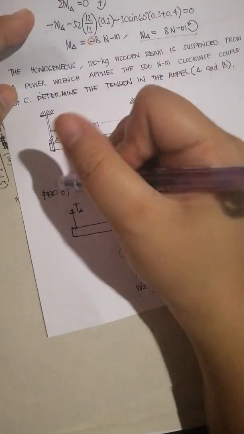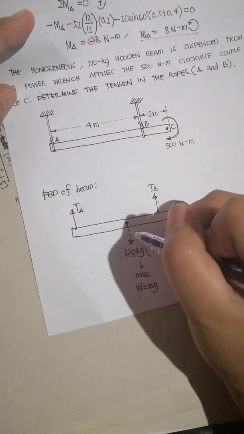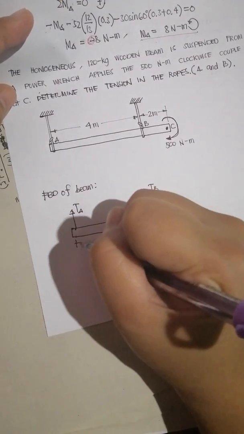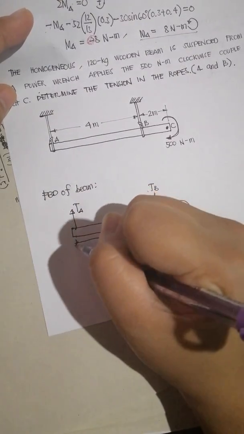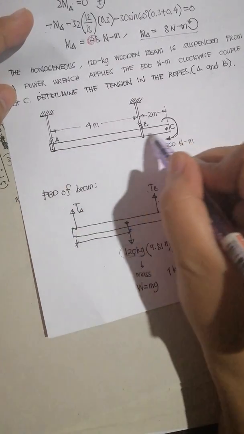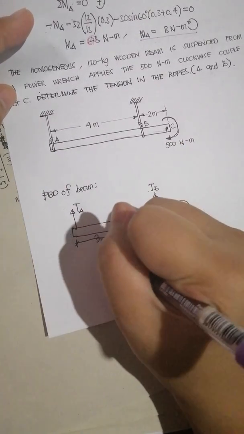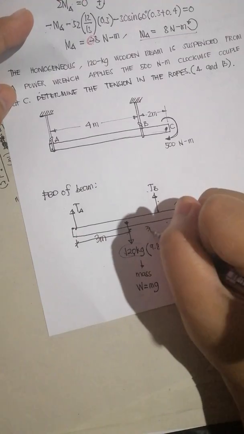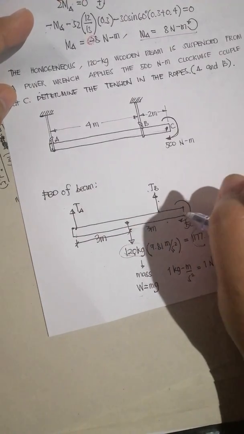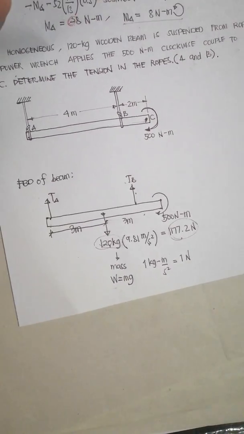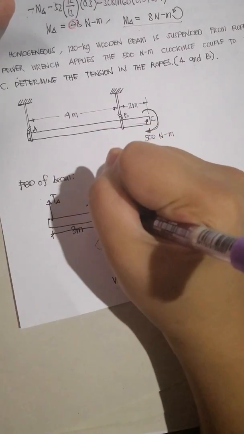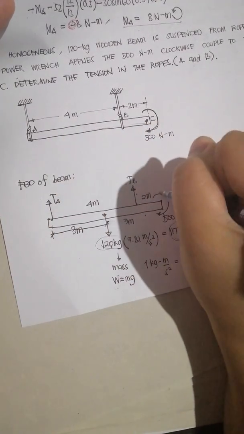In this case, since this is the center of gravity, it is at the middle. The whole length of the beam is 6, so this is 3 meters and this is 3 meters. And this is 4, this is 2 meters.